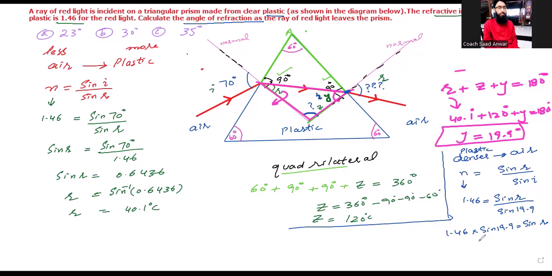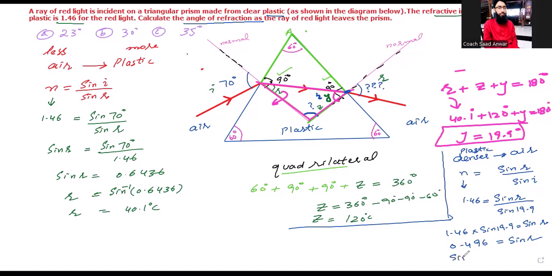So when you solve this, 1.46 times sine 19.9, you will get 0.496, which equals sine r.